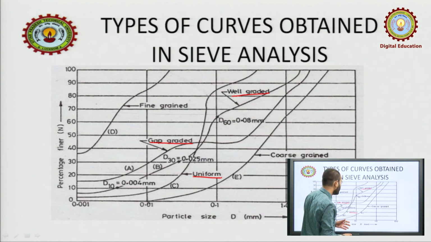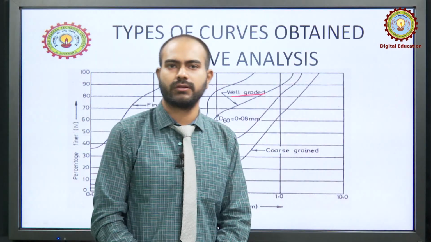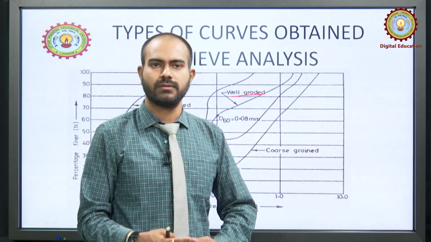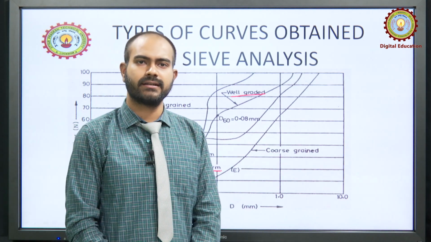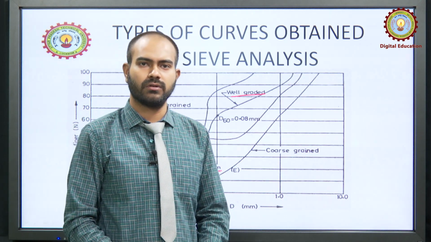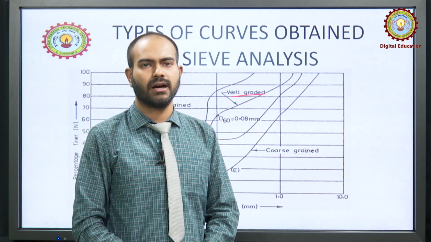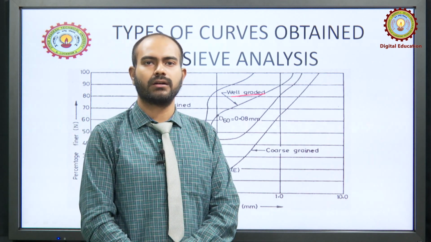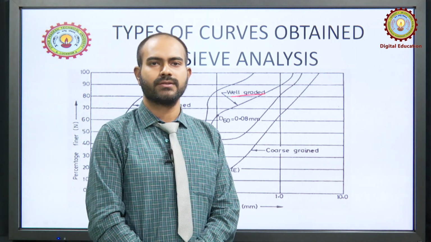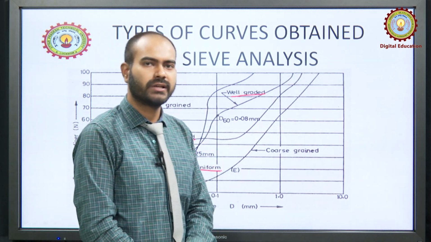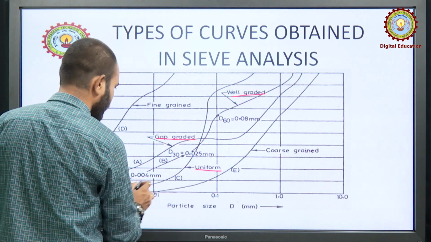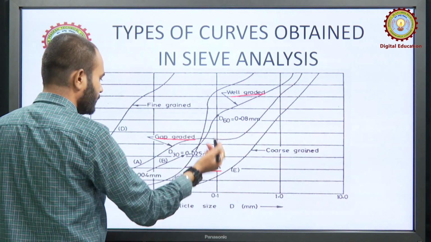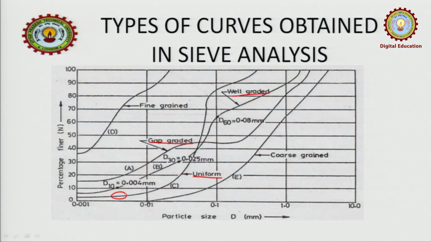If you have a soil which contains nearly every kind of particle, whose composition is such that it has different types of particles from fine grains to coarse grains, a number of different types of grains mixed in that soil, then you will get a smooth curve that prolongs from here to there. Why? Because it has fine grains also, it has coarse grains also. Due to this it will have a long curve.